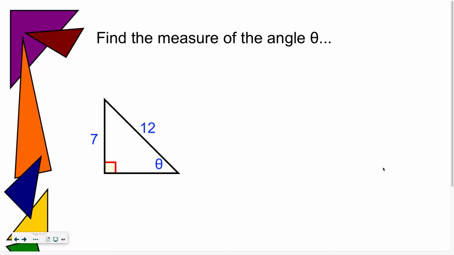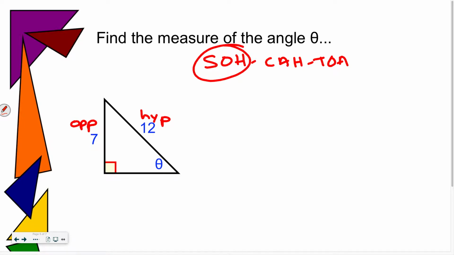Instead of listing all 6 trig ratios, can you now tell me what theta is? How will I do that? I have the opposite and the hypotenuse. So in terms of SOHCAHTOA, you guys are telling me that's sine. I'm going to write that up there. And then to actually get the angle, we're going to use what? Inverse sine, because we have opposite and hypotenuse. Got it. So we can say theta equals the inverse sine of the ratio opposite over hypotenuse.